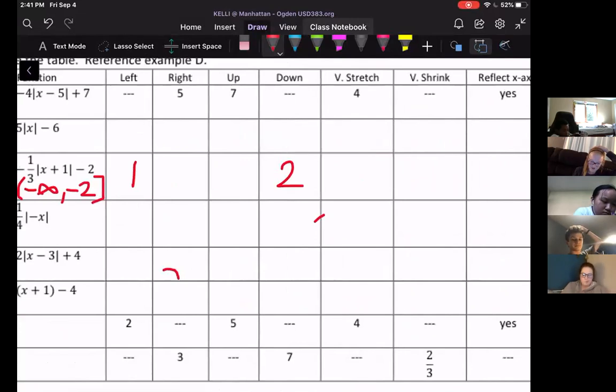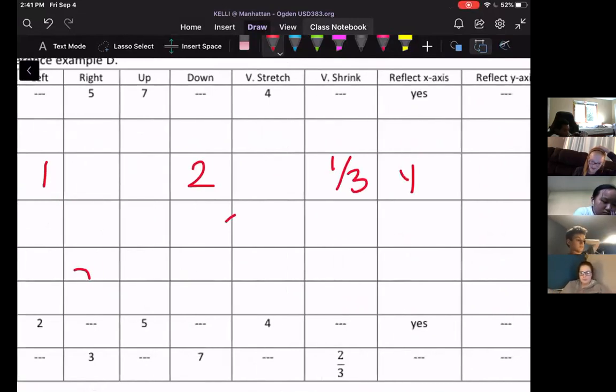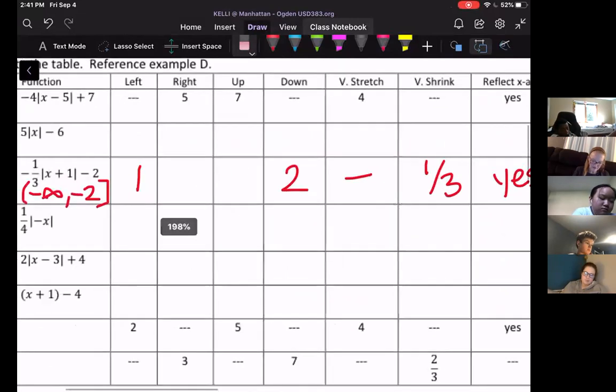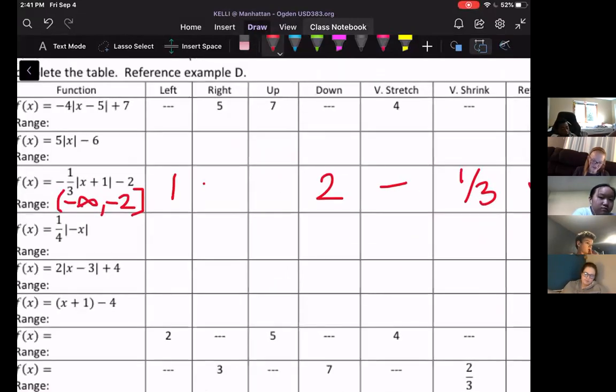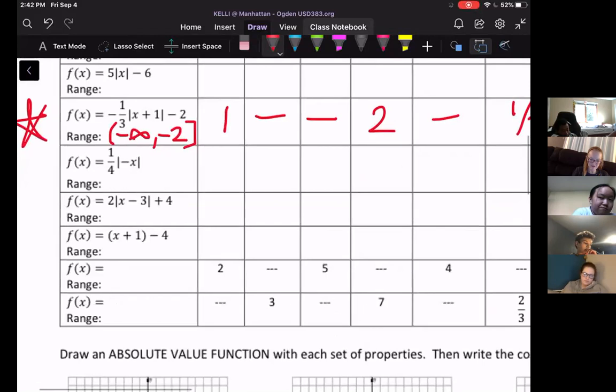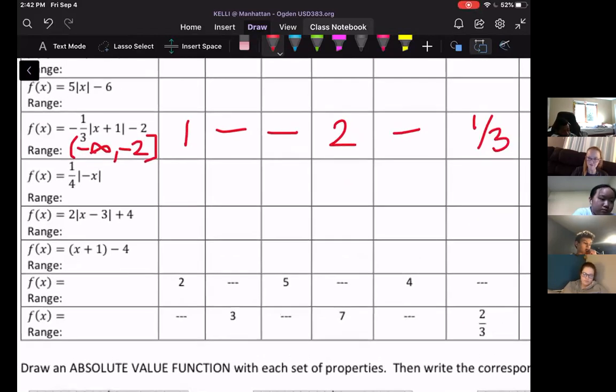It had a shrink of 1/3. It reflected across the x-axis, so yes. Everything else you can leave blank. Or you can put a dash or no or whatever, but okay, does that clarify some issues that maybe anybody was having with the homework?